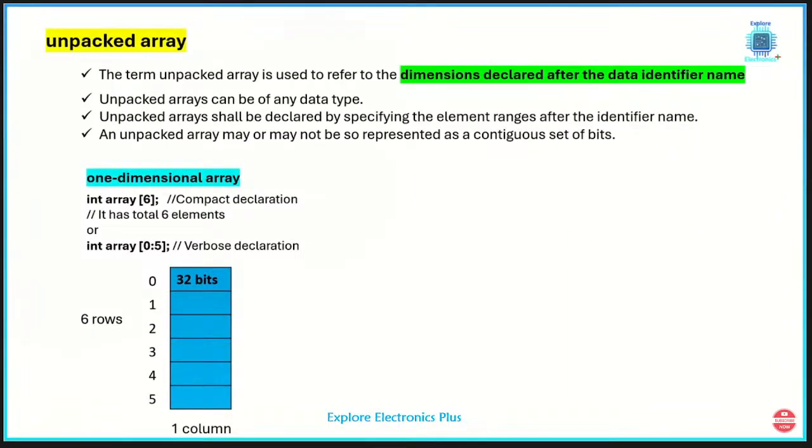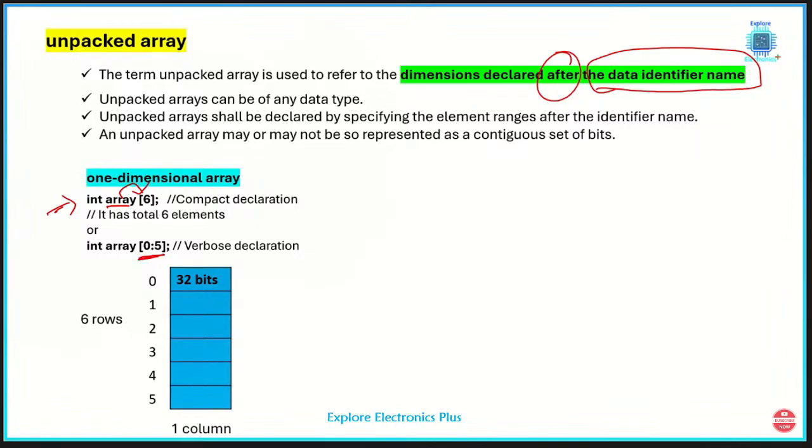Then unpacked arrays. Unpacked arrays mean dimensions are declared after the data identifier name. So we have a data type int and the name of the array is array. Here you can see the size is represented after the name is written. Here it is a compact declaration [6] along with a verbose declaration with MSB, LSB representation. You can represent it like this.